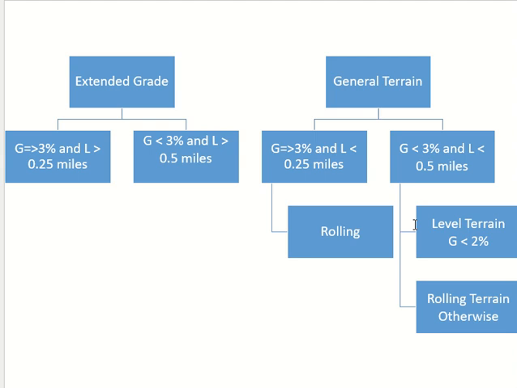So how many values of FHV will we have? 3. One for level terrain, one for 4.5% upward gradient, one for 4.5% downward gradient. Bring these 3 values on Thursday. You have to calculate these 3 FHV values before you come to the class. Clear?